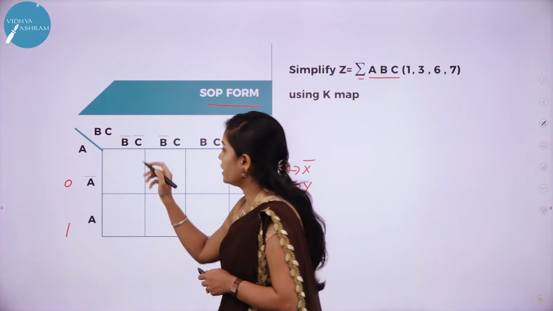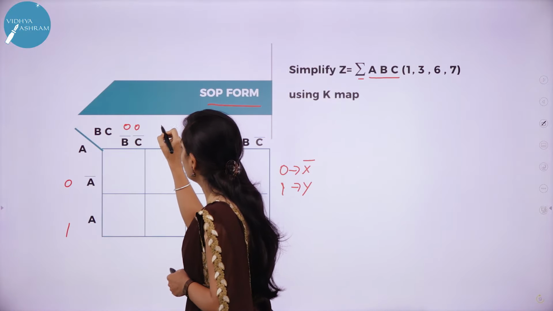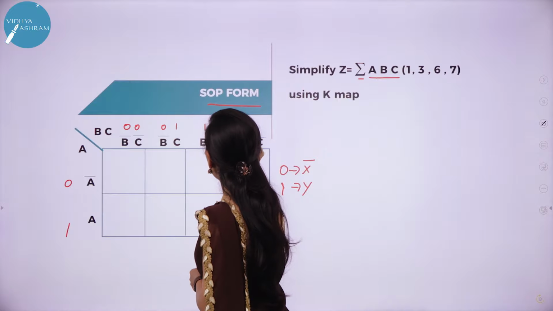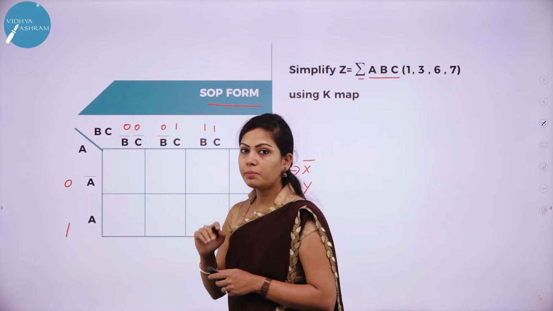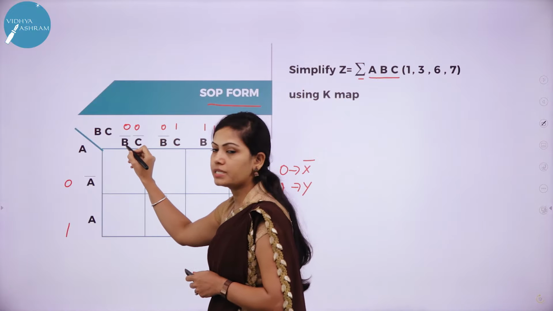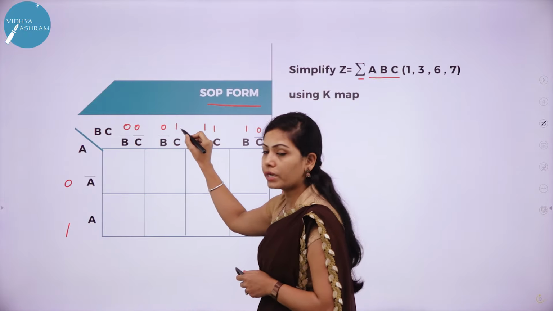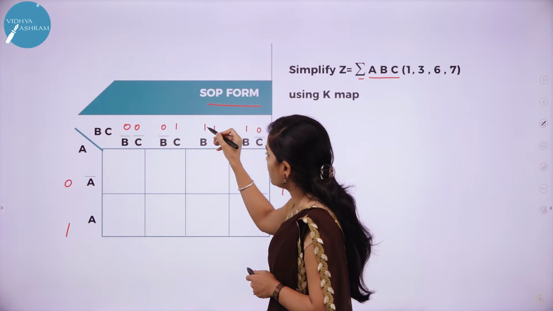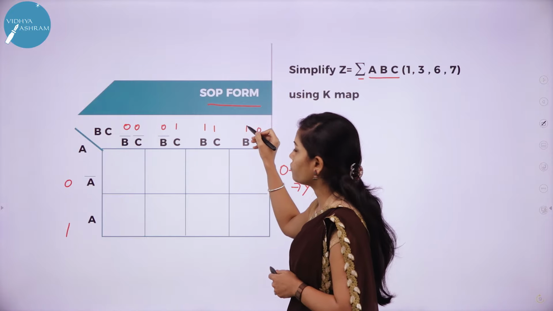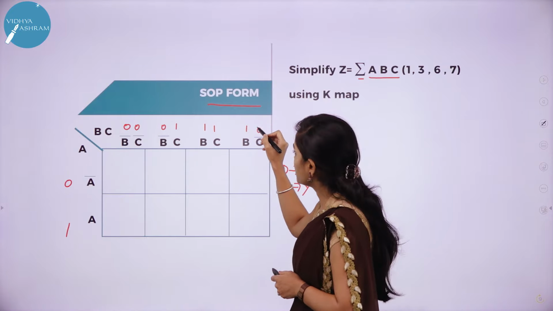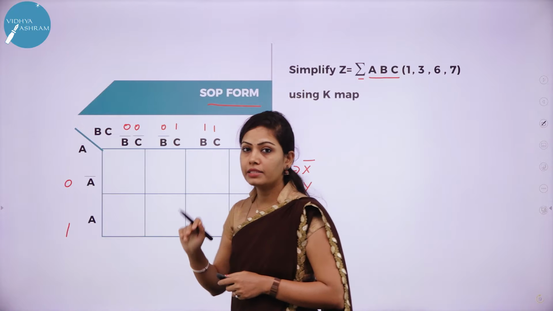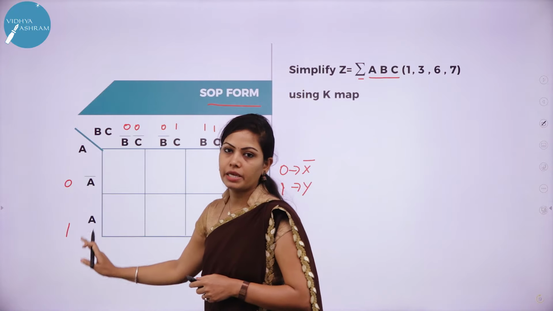So on the column side I will use 0 0, 0 1, 1 1 and 1 0. If your variable value is 0 then it is complemented, 1 means it is in normal form. Like that you should design the variables.